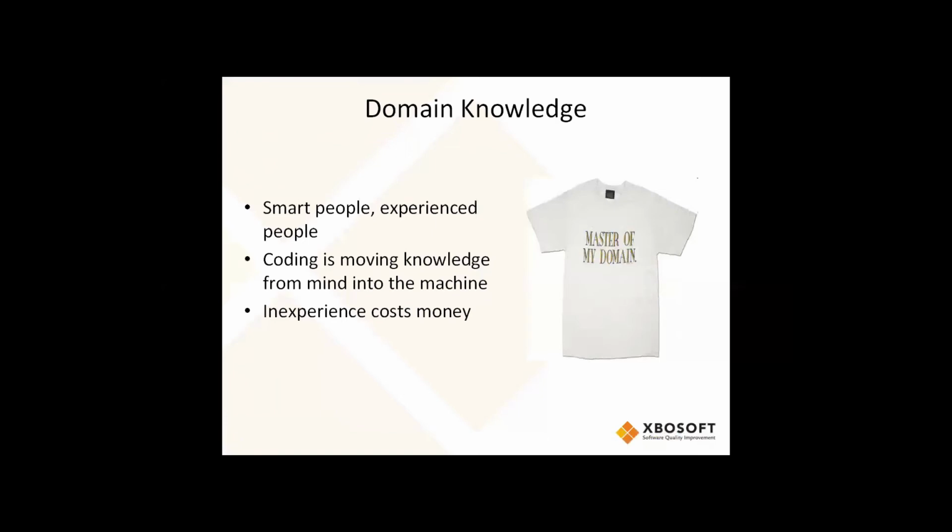Well, we find that when you've got smart and experienced people, you are really taking the science of knowledge work, which is what we're involved in with software, and embodying it inside code, which runs on a machine and emulates human thought.